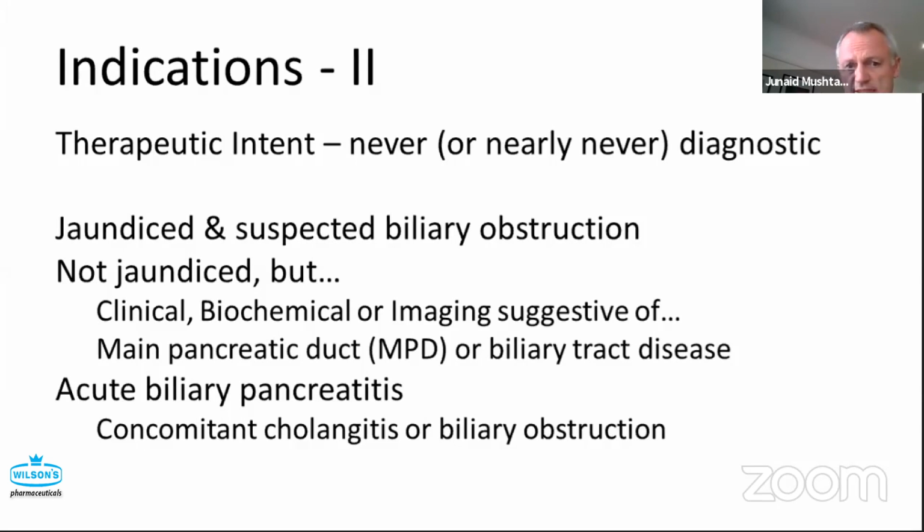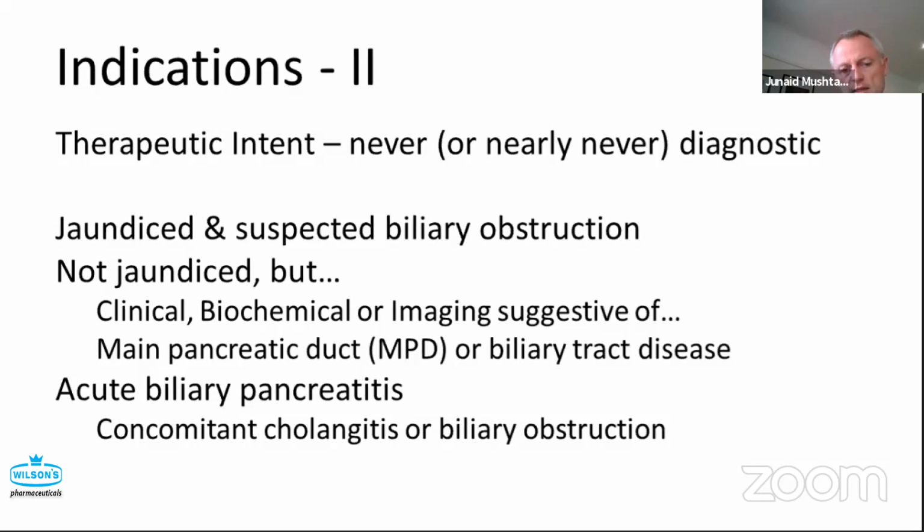So someone who's jaundiced, someone who has suspected biliary obstruction, and by that I mean someone who's yellow, deranged LFTs or liver function tests. Imaging does highlight that there is extrahepatic bile duct dilatation. All of this is the hallmark of biliary obstruction. Another is a patient who's not jaundiced, but there are clinical or biochemical or imaging studies suggestive of either disease in the main pancreas duct or in the bile duct.